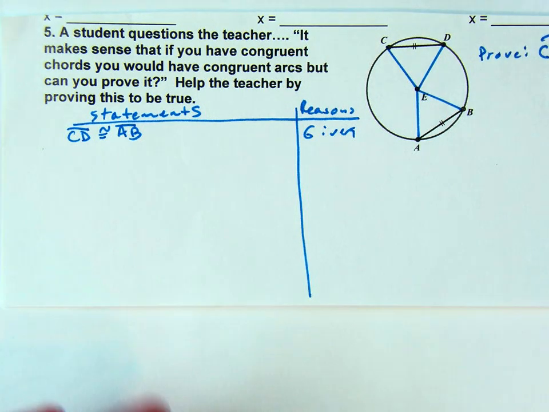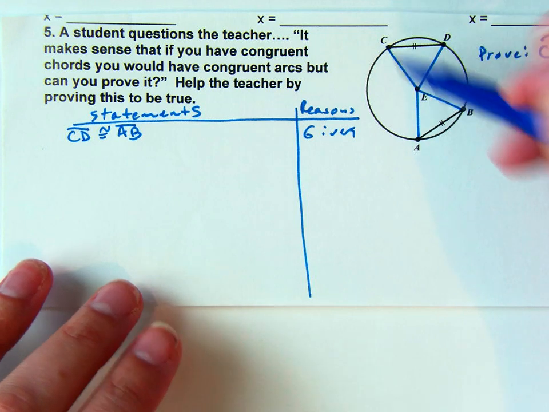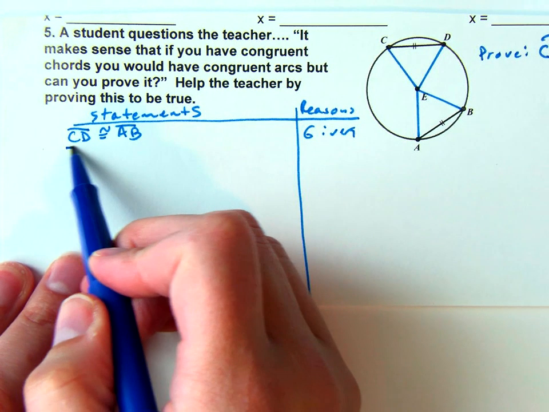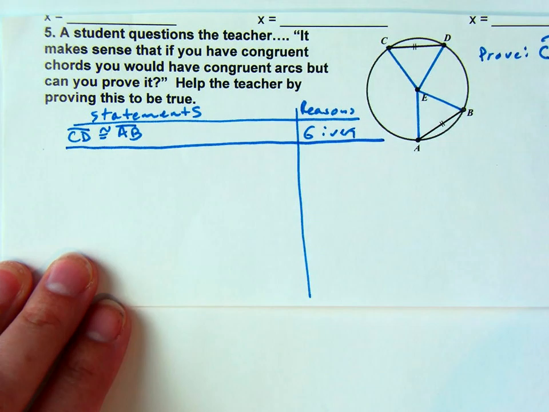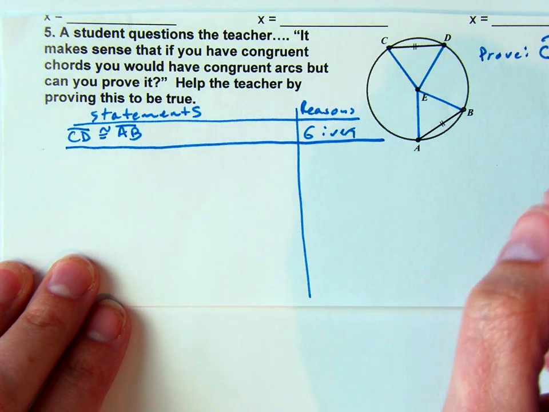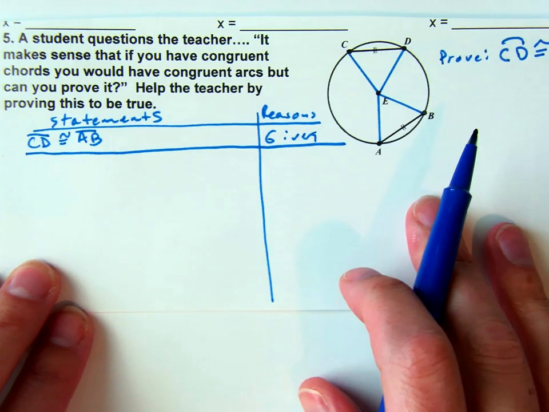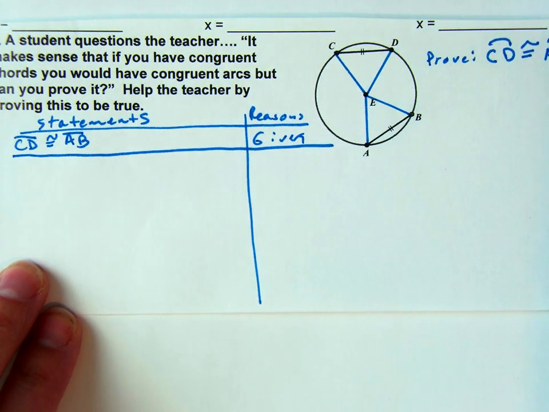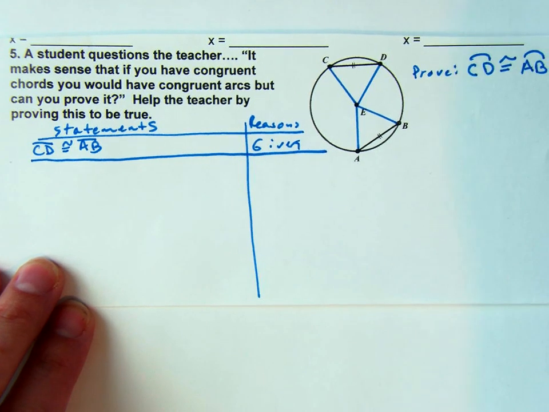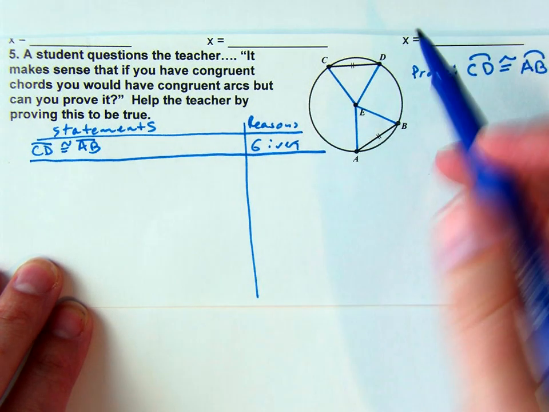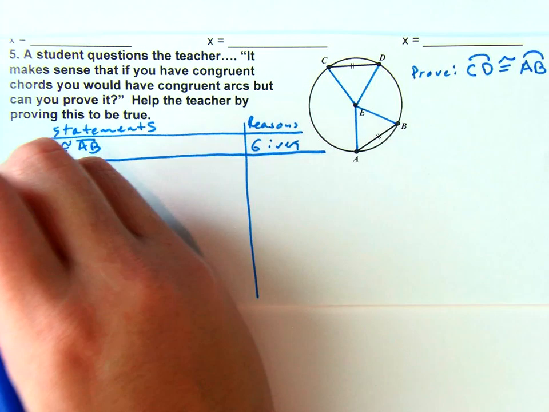Okay, so I'm allowed to connect these segments because back in Unit 1, we've discussed that through 2 points, there's always a straight line. Let me zoom out a little bit. I just realized you couldn't see what I wrote. Okay, so between 2 points, there's a straight line.